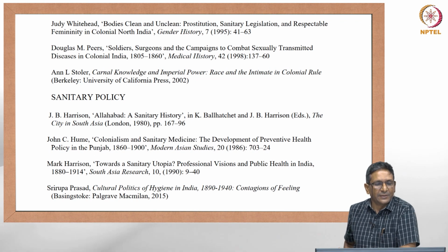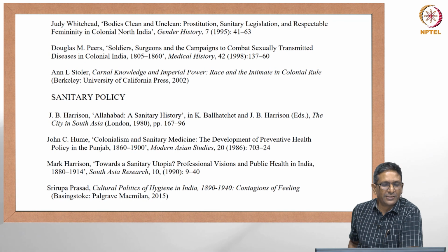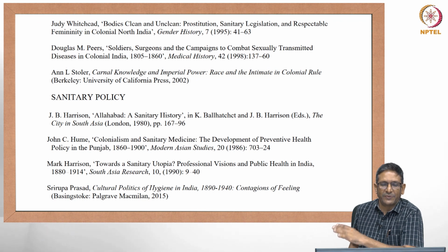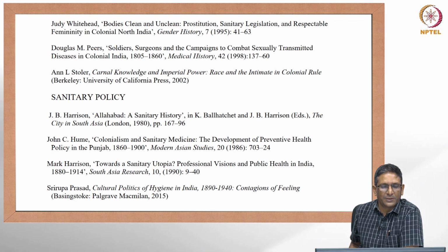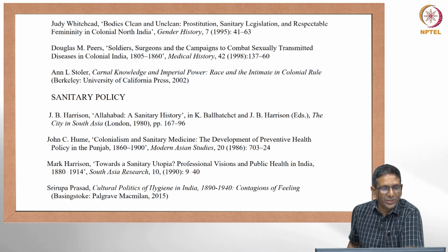All these, by Judy Whitehead, Douglas Peers, and Ann Stoler, are about prostitution, issues of sexuality and sexually transmitted disease, carnal pleasures. And the last one by Ann Stoler is not specifically about India, it considers things at a broader level, with imperialism and colonialism at large.